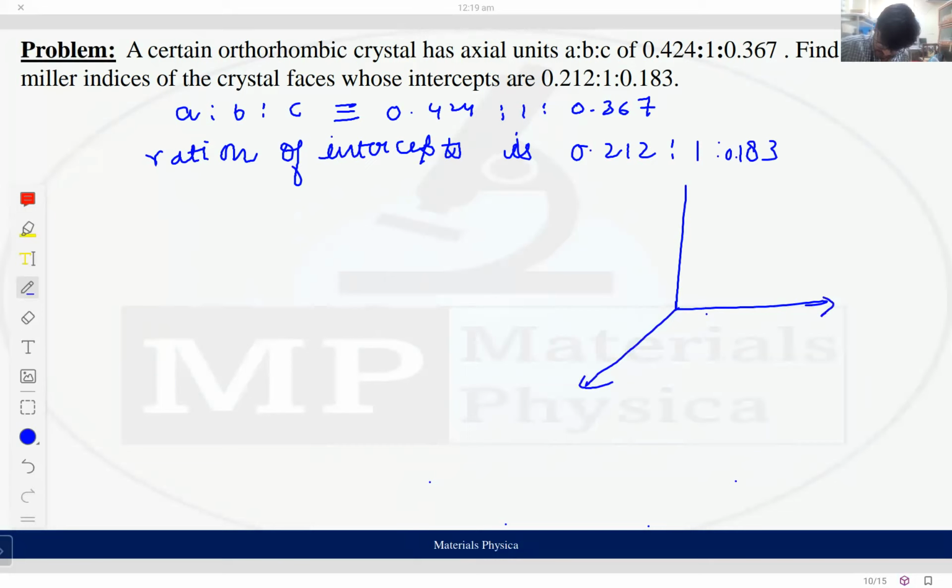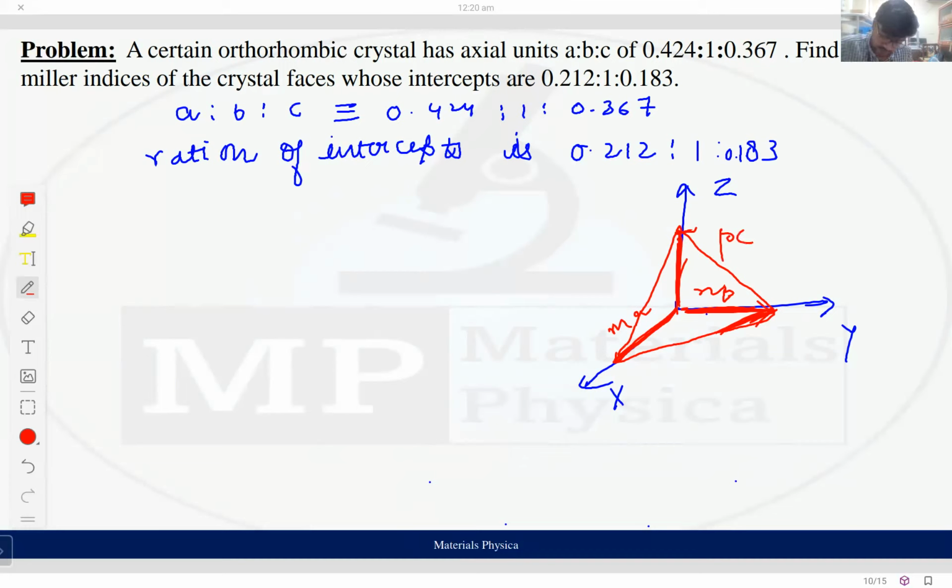Now this is the XYZ axis of the crystal, and the plane cuts at these points. Let us assume this distance is MA, the cut at the y-axis is NB, and this cut is PC.